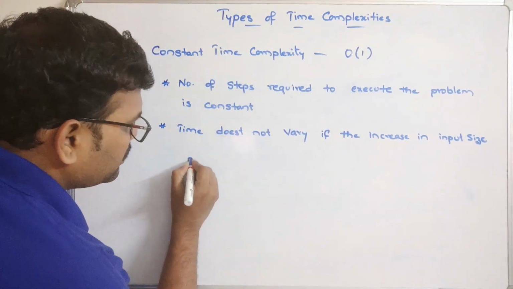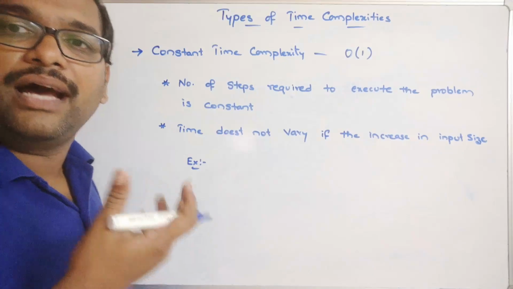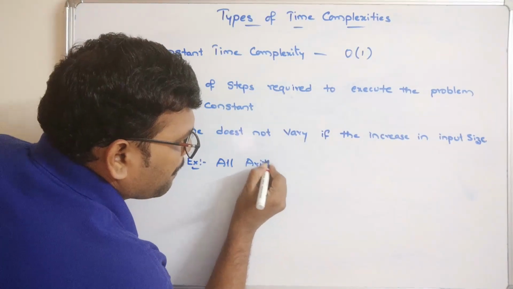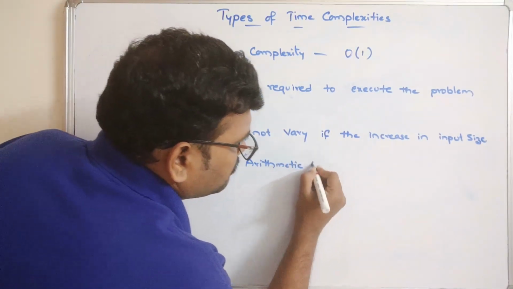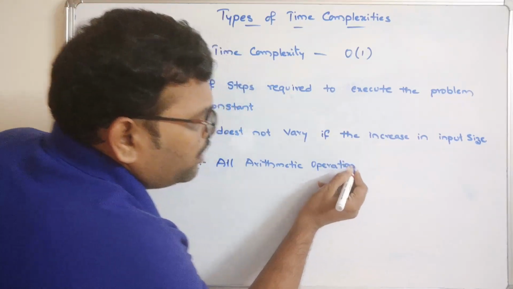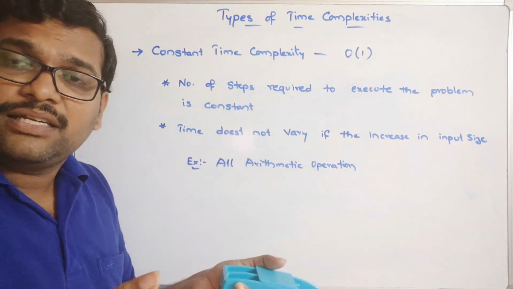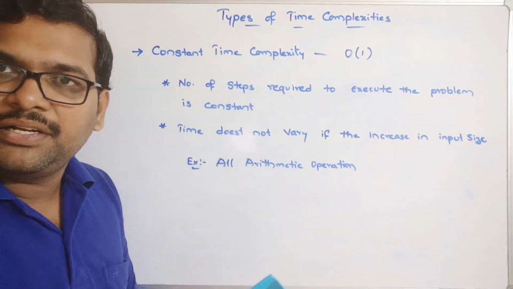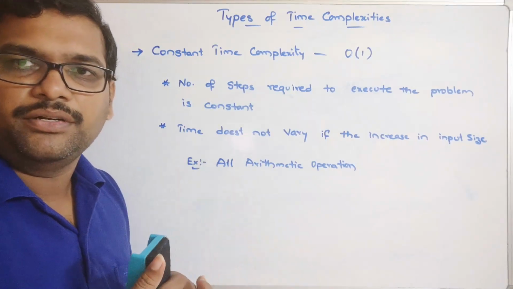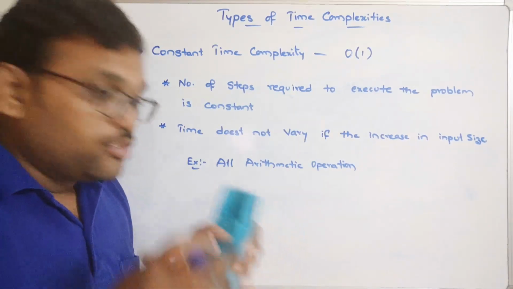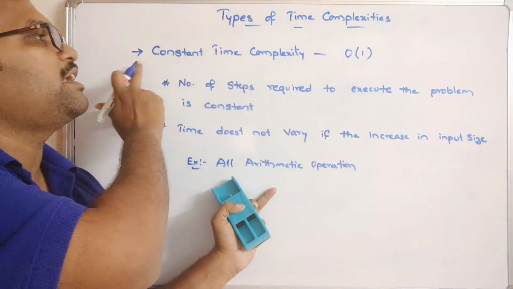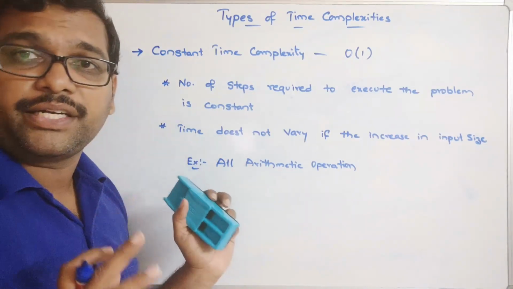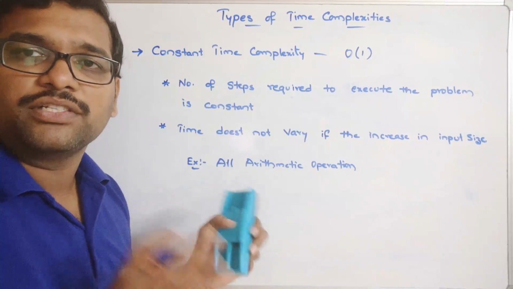Okay, so the best example for this one is all arithmetic operations. Even though the number of inputs increases, the performance of this operation will be the same. The addition or subtraction or multiplication or division. The time doesn't change. So for such types of statements, we can say the time complexity will be order of 1 or 2 or 3 or 4. It's a constant. We simply say it as a constant.